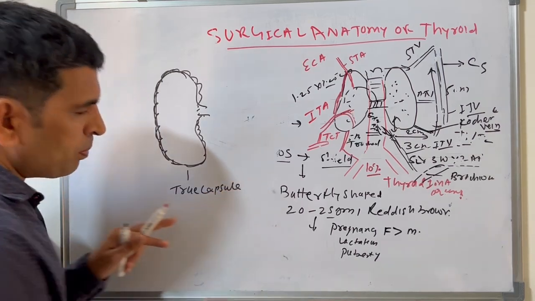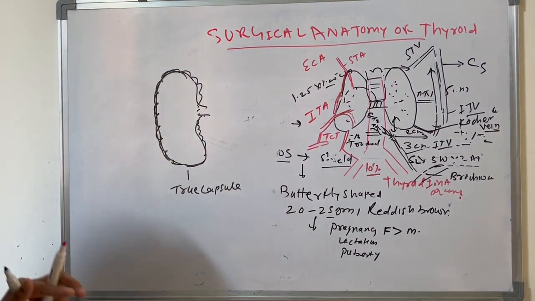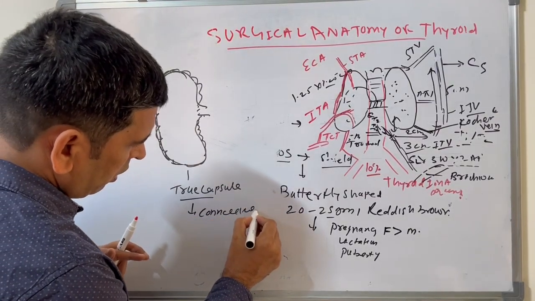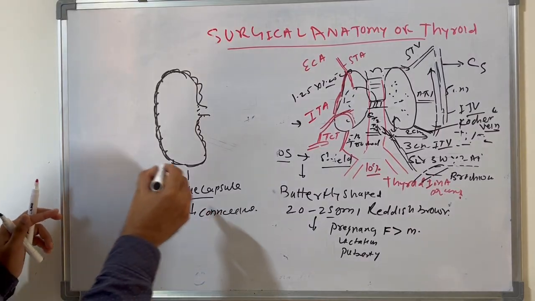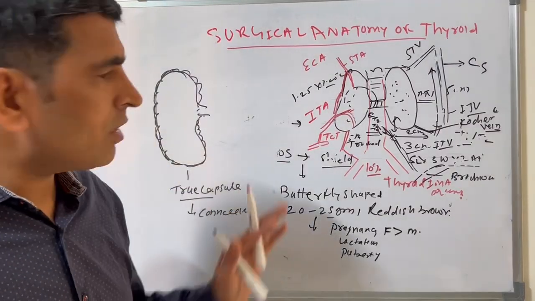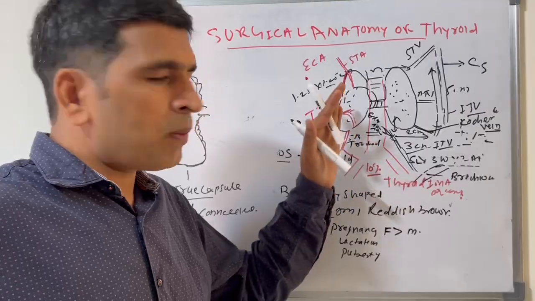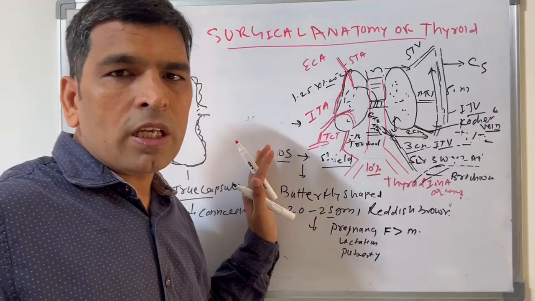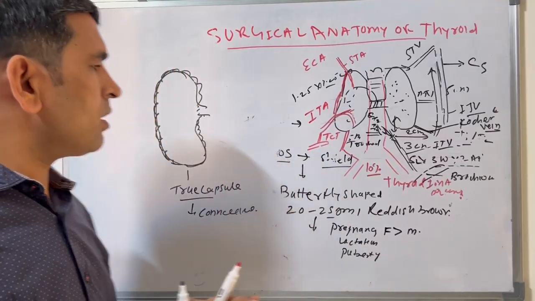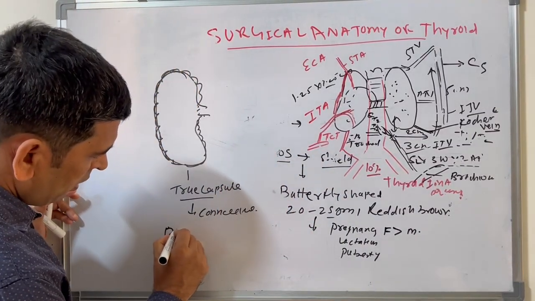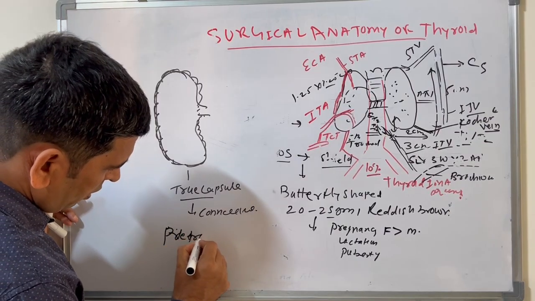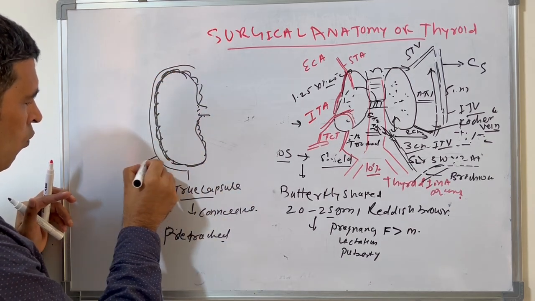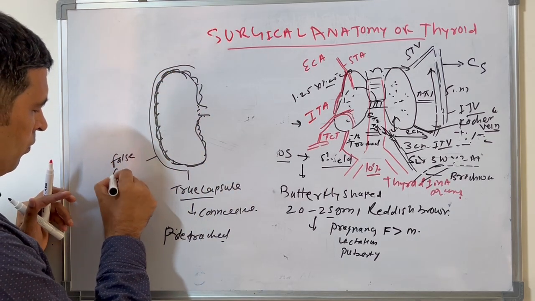The true capsule covering the parenchyma of the thyroid gland is formed by connective tissue. But if you dissect the thyroid, there is skin, superficial cervical fascia, and deep cervical fascia. The uppermost layer of deep cervical fascia is the pretracheal layer. This pretracheal layer forms the false capsule.